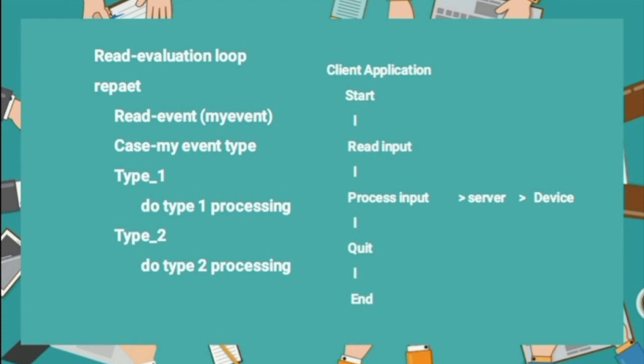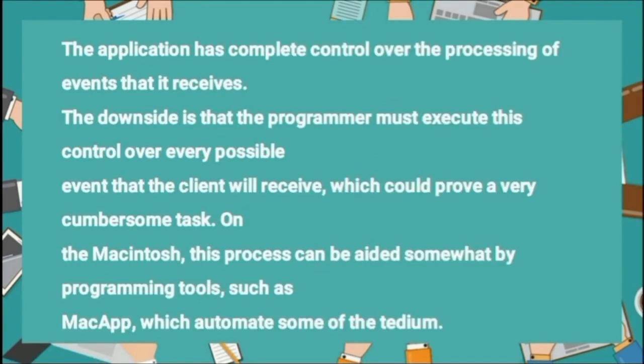Server and device. The application has complete control over the processing of events that it receives. The downside is that the programmer must execute this control over every possible event that the client will receive, which could prove a very cumbersome task.